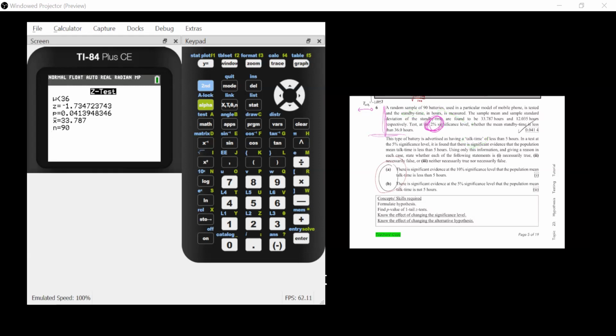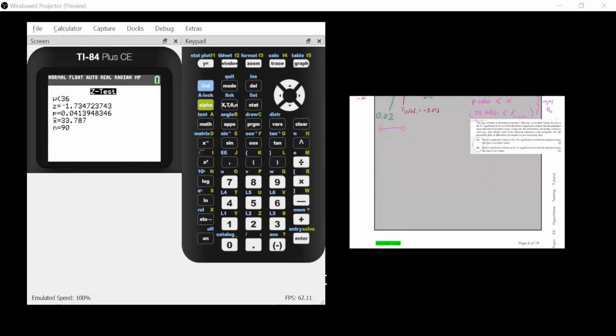They tell us, I copied down the question already, that talk time is less than 5 hours, and at the 5% significance level you can find significant evidence to reject it. So we can construct a separate hypothesis test. H0 is mu equals, H1 is mu something.